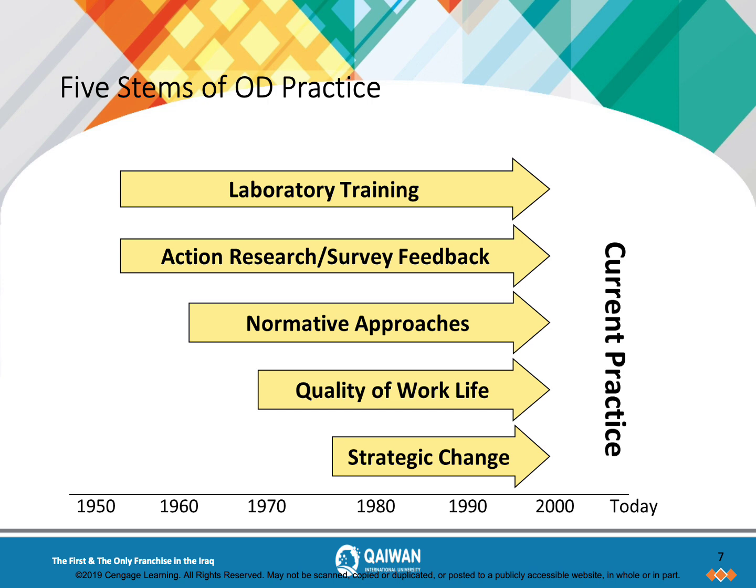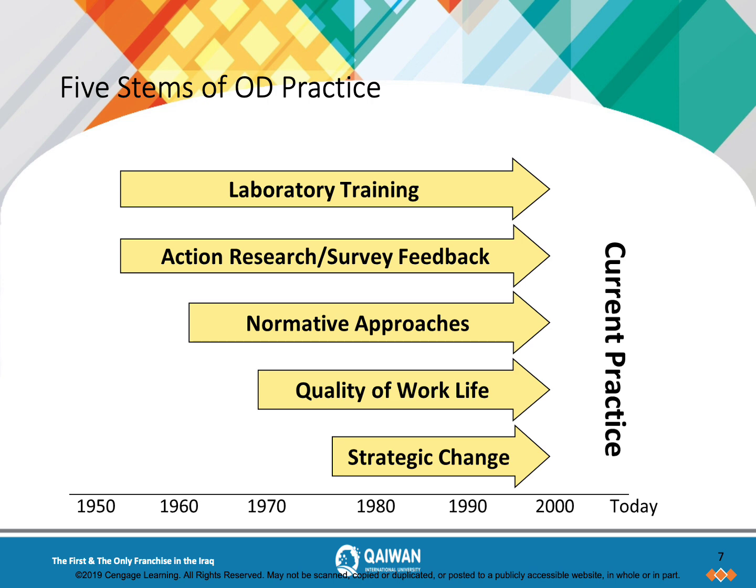Let's start with the first one, laboratory training. In the 1950s, they were focusing on individual behavior and group interaction. Early organization development focused on improving how people interact in groups. For example, training employees to improve communication and teamwork.